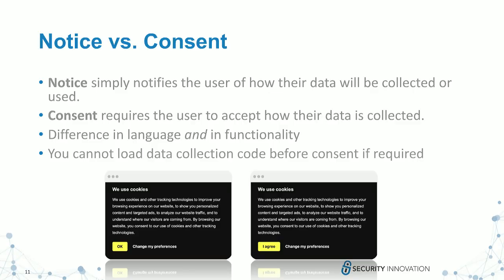So, I've mentioned already about notifying users about your privacy policy and actually giving them the ability to say whether or not they give the organization consent to allow for the collection of data. But I just want to touch briefly on the difference between just notifying the user and actually receiving consent.